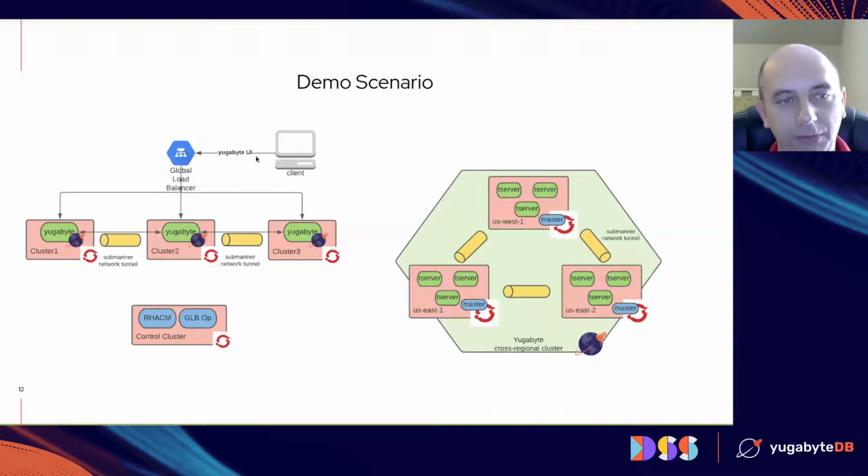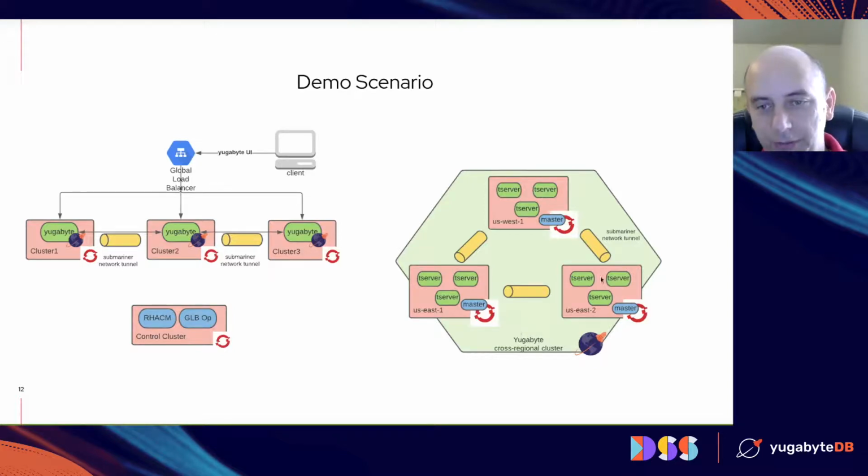And then we have a global load balancer that directs traffic to Yugabyte. Another detail is that in each region we have 3 instances of T-server. It's a Yugabyte actual database server, right?